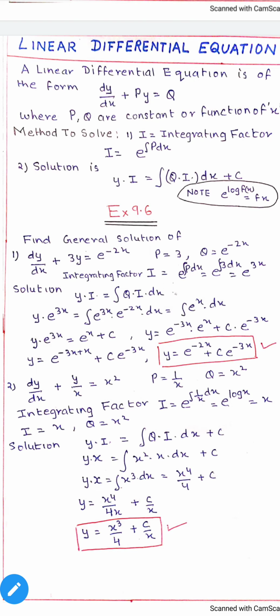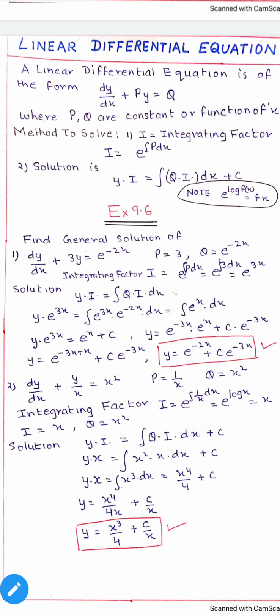Method to solve is: point number 1, find integrating factor I is equal to e to the power integral p dx. Solution is y into I is equal to integral q into I dx plus c. We need to note that e to the power log fx is equal to fx. We will use it in the questions.